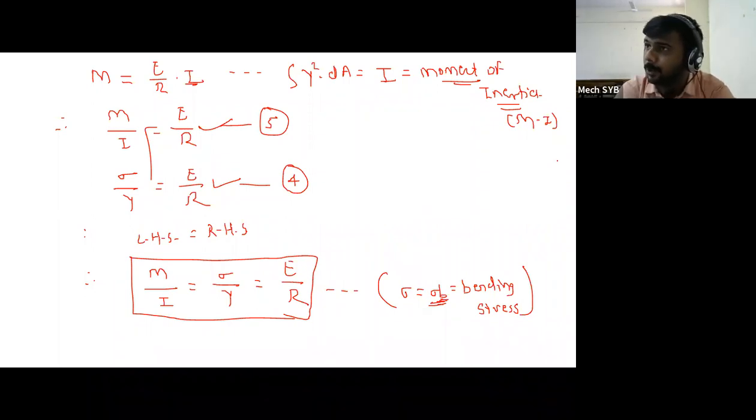So below that final formula, you can write down: capital M is equal to bending moment. Capital I is equal to moment of inertia. Sigma is equal to bending stress.